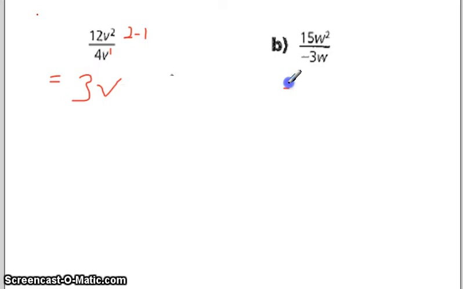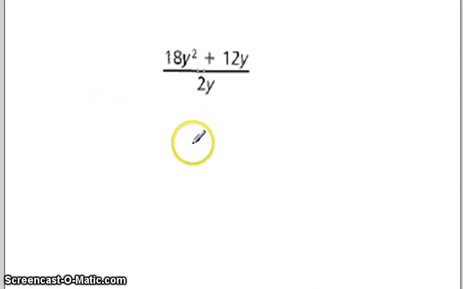Same thing as this question over here. 15 divided by negative 3, of course, gives me a negative 5. And then w squared subtract w to the 1 is just going to give me a w here. Okay. Applying this to a polynomial, we do the same thing. This term is just divided by the term on the bottom as well as this term.